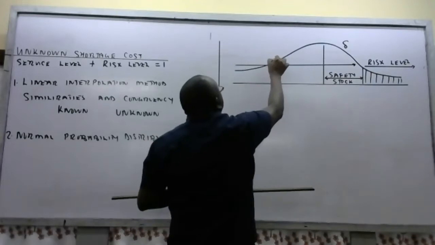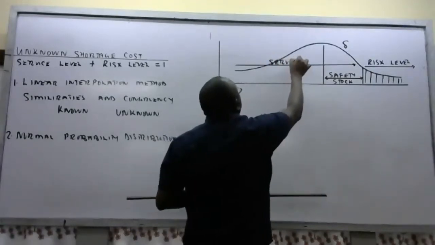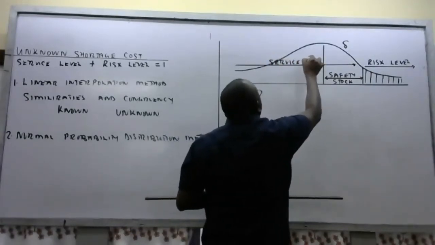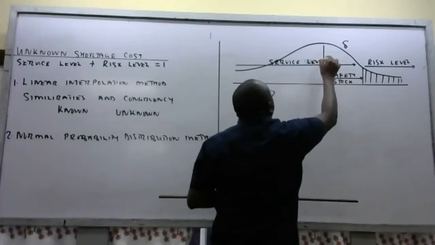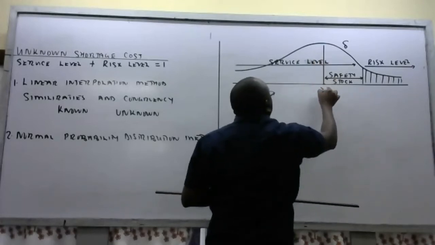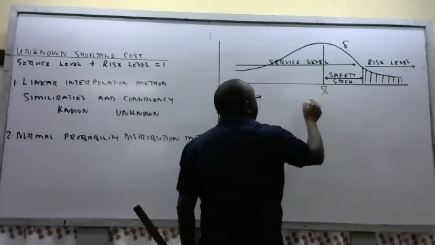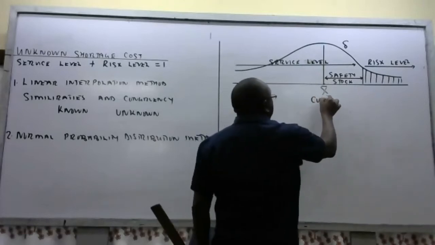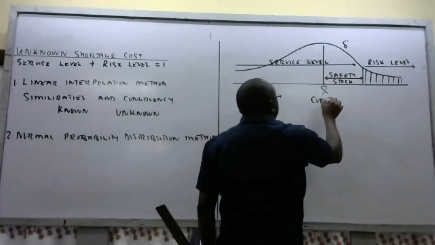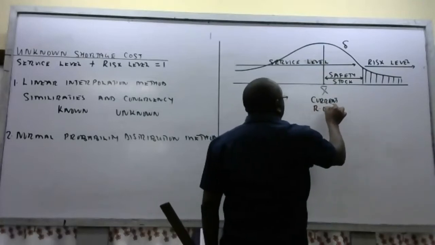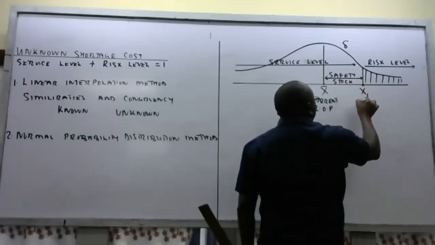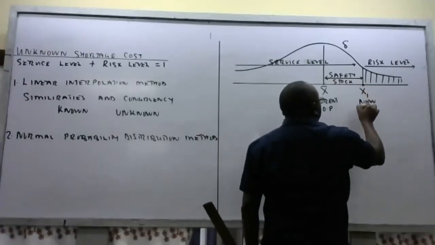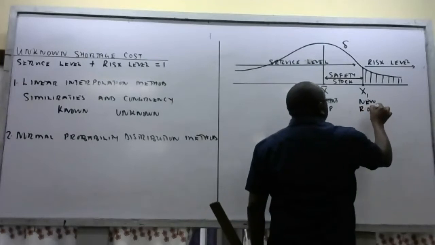This one is service level. This is X bar, and X bar is the current reorder point. Then we have X1, which is the new reorder point.